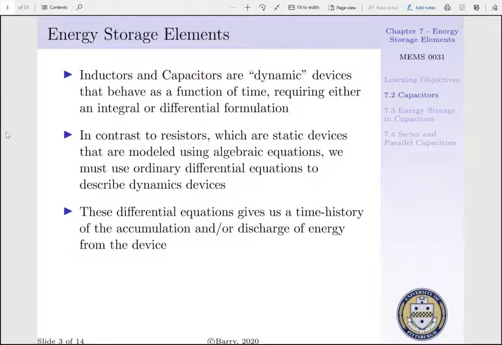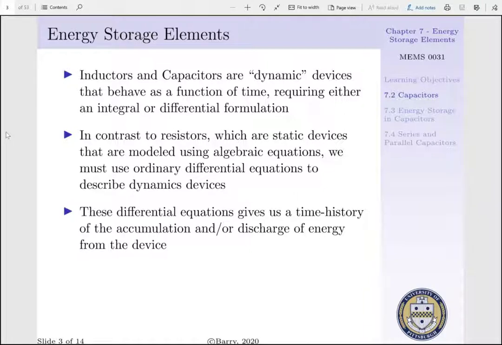For us to begin, we have to talk about energy storage elements. Inductors and capacitors are dynamic devices. That is, they have a time dependence of behavior. And this requires us to either use an integral or differential formulation to describe their behavior as a function of time.